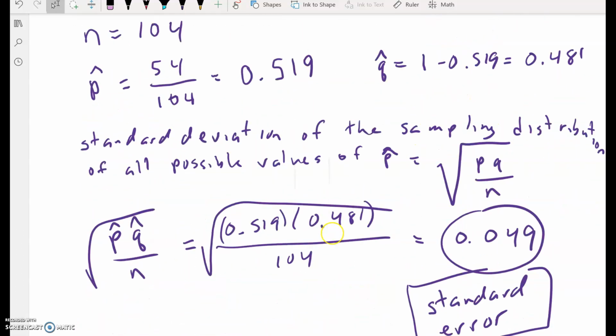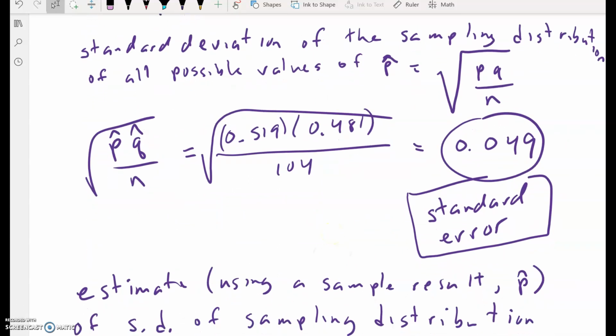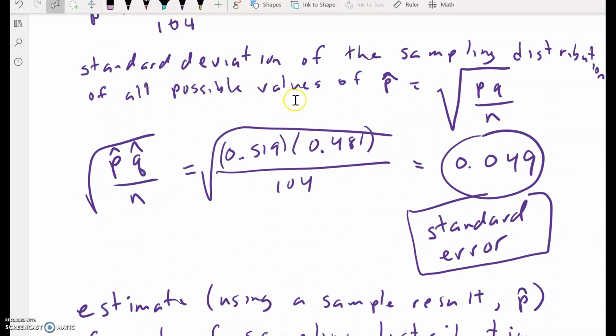Now, if you're feeling kind of guilty or worried about not knowing the exact standard deviation, it turns out to be okay.